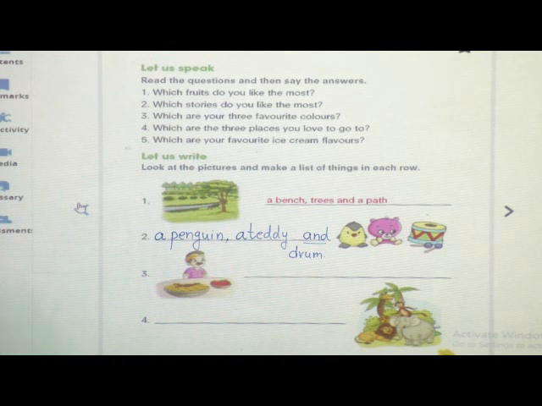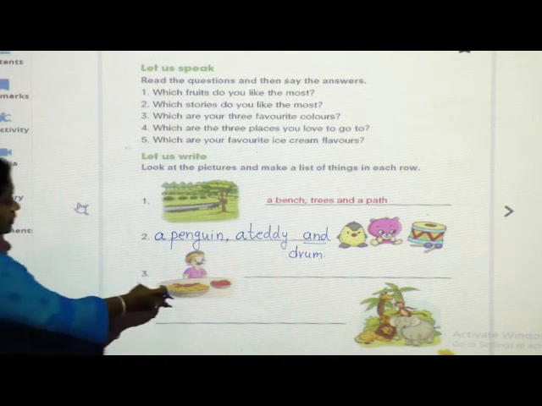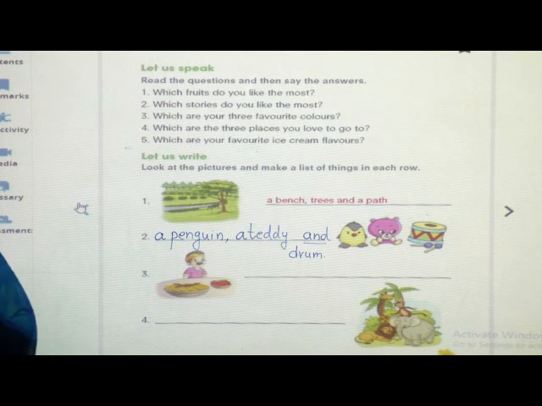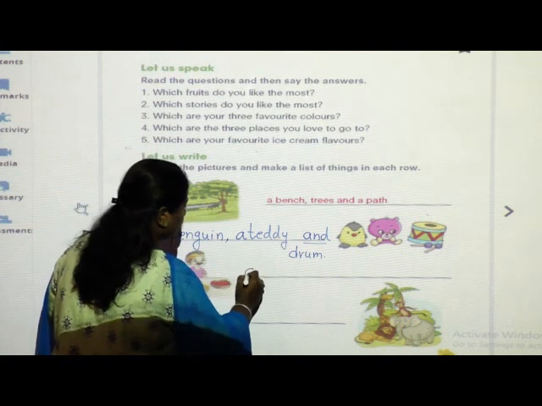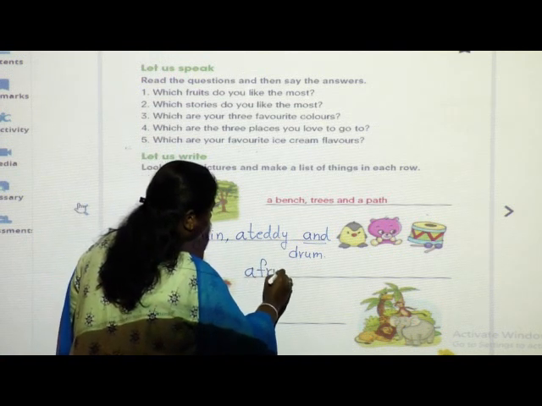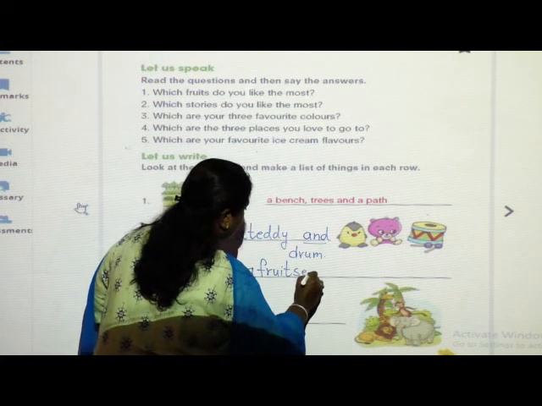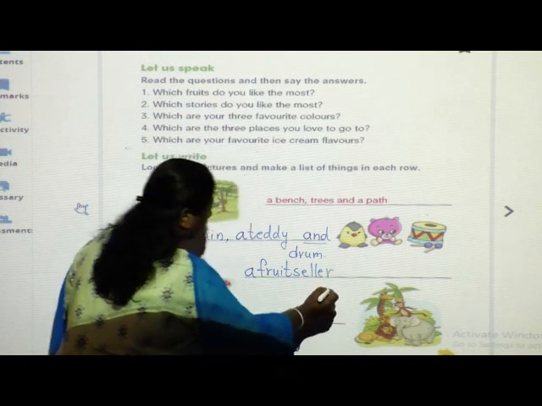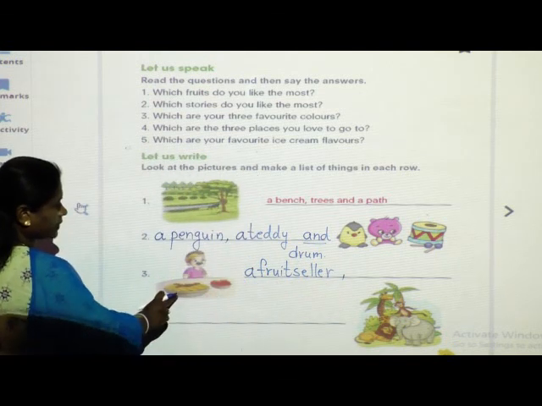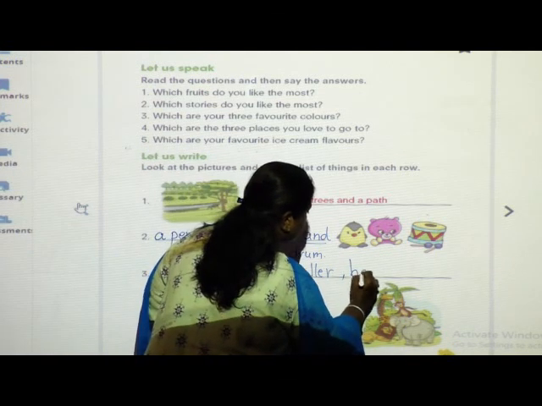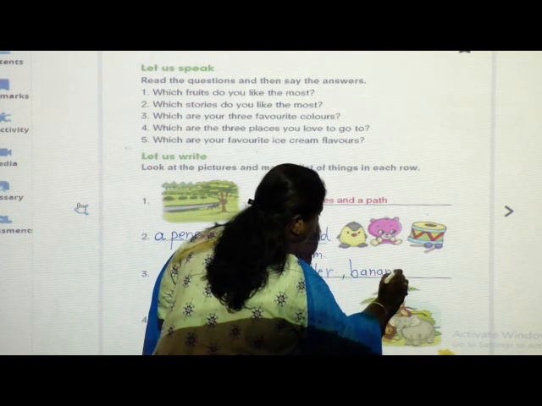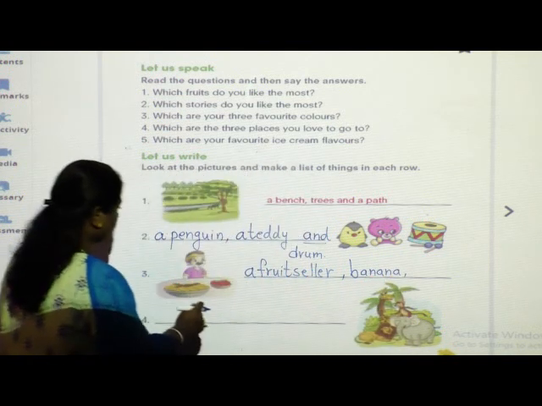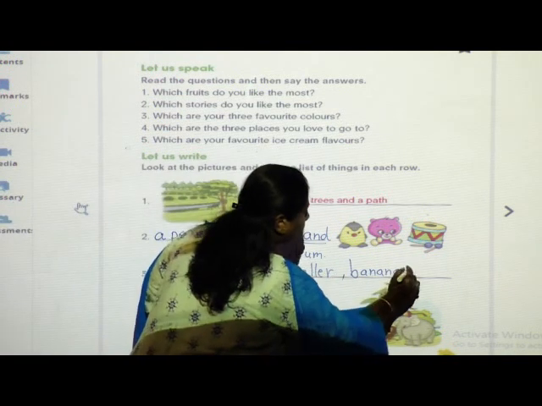Okay. In the next picture you can see a man, a banana and an apple. What can you see? A fruit seller, comma, banana, comma, sorry, here and will come.